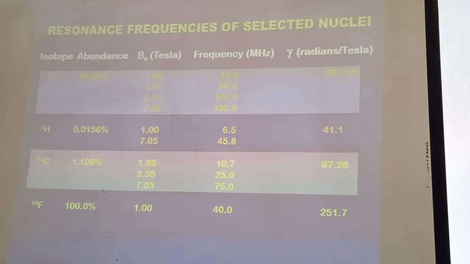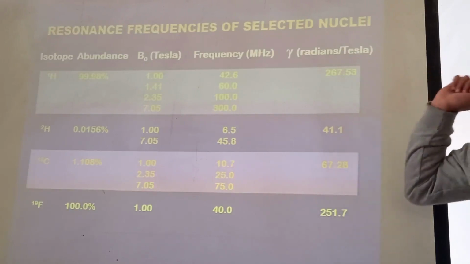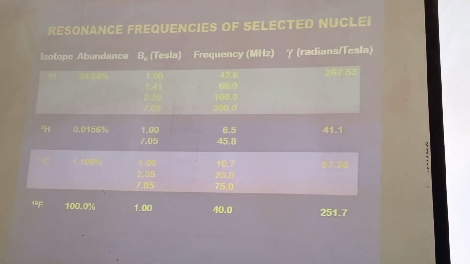Lesser excess population means less intense signal. A larger energy gap means higher excess population, that means a more intense signal. So signal intensity, energy gap पर भी depend करती है. So this is how we can differentiate between proton and carbon-13 and of course other nuclei in NMR.